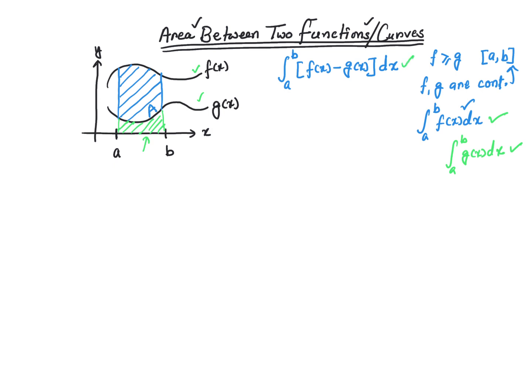Now let me give you a very simple and popular example. Let's consider these two functions. So this is my rectangular Cartesian coordinate system, x and y, and let's say this is my function y is equal to x squared, and let's say this is my straight line y is equal to x.